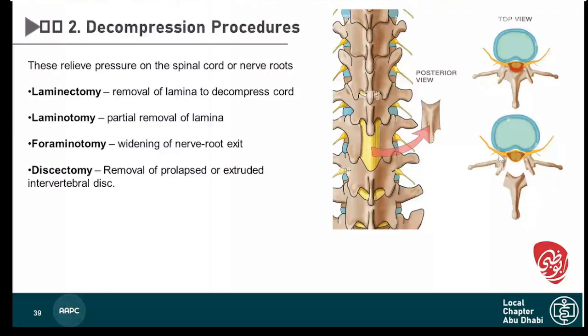Okay, that is discectomy. We have to be careful with these terms. Laminectomy, laminotomy, foraminotomy, discectomy are the main decompression procedures that physicians perform for compression of the spinal cord and spinal nerve root.